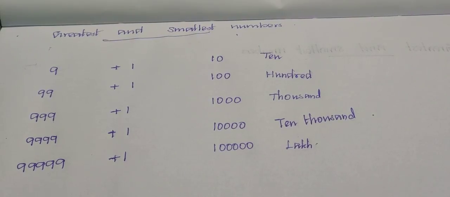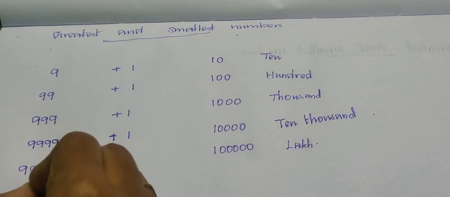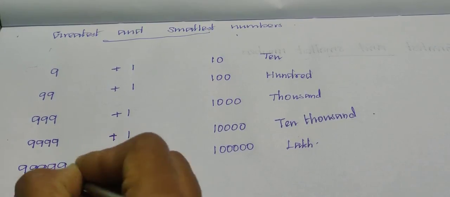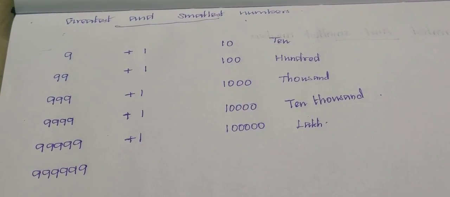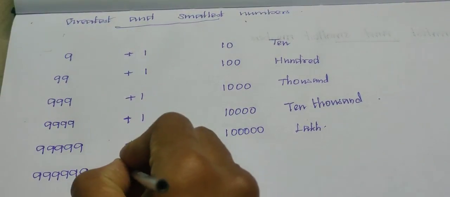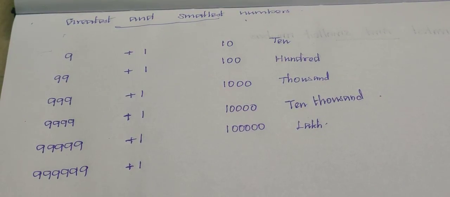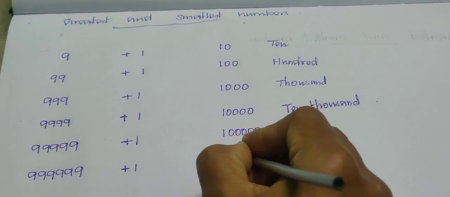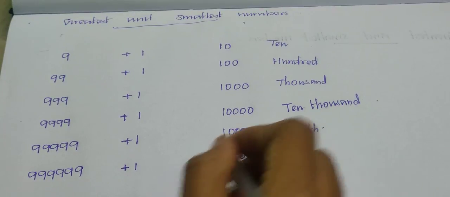And which is the greatest 6-digit number? We need to put 6 times 9. If you add plus 1 to the greatest 6-digit number, that is 10 lakhs.